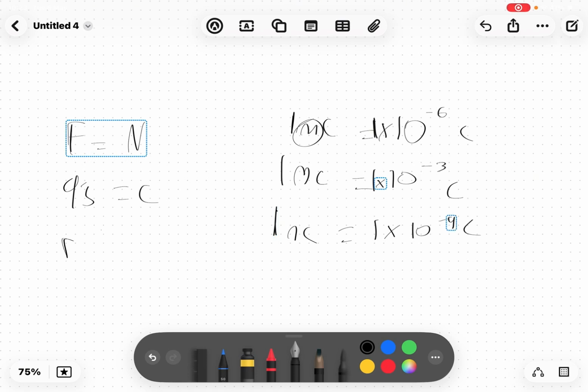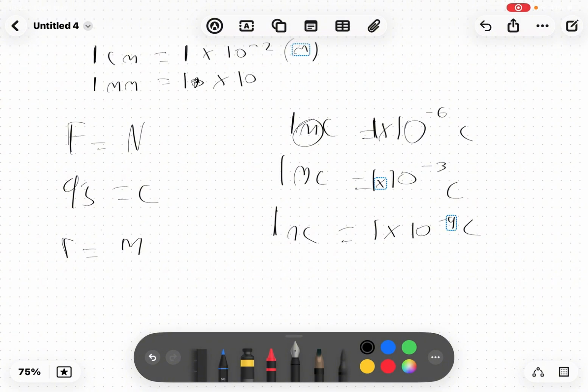For R, it has to be in meters. Let's say in questions you might have it as 1 centimeter. You just do 1 centimeter times 10 to the power minus 2, because that's what meters are. If it's 1 millimeter, it's going to be 1 times 10 to the power minus 3.